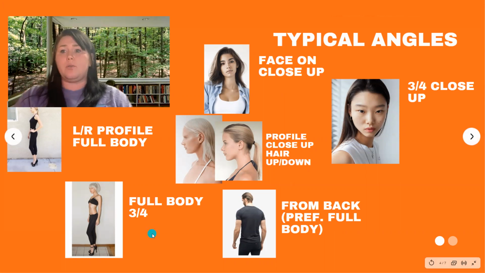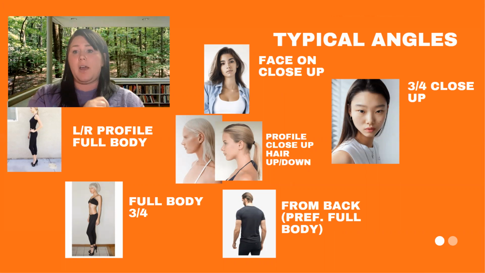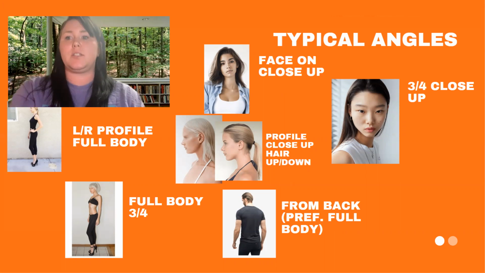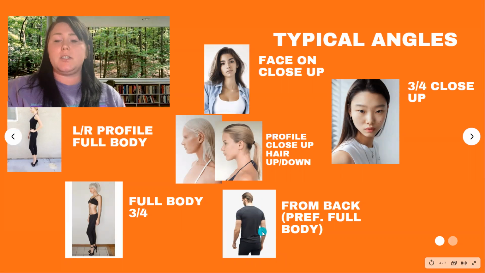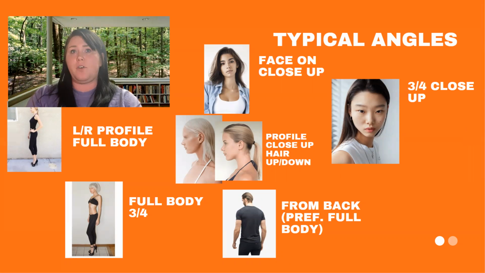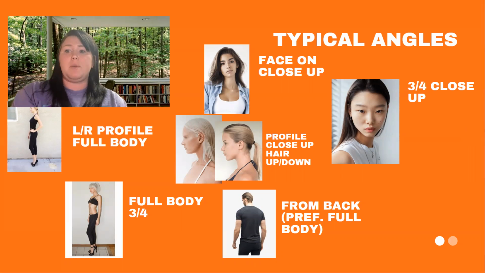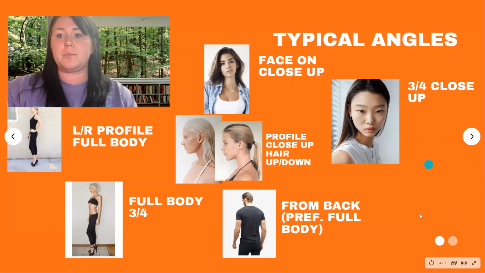Then a profile close up, facing to the side with your hair up and down. But if you're going to pick one, do your hair up for this profile close up. This next one pertains more to men, but women can also include it so you get all of them. It's from the back, and it's preferred to be full body, but I couldn't find an example while I was looking.